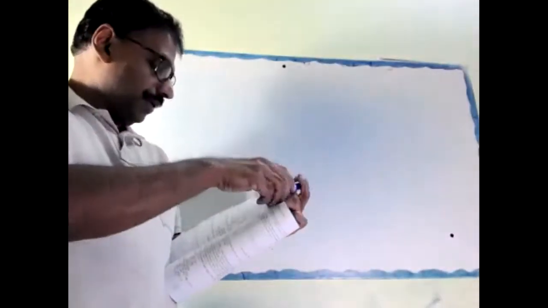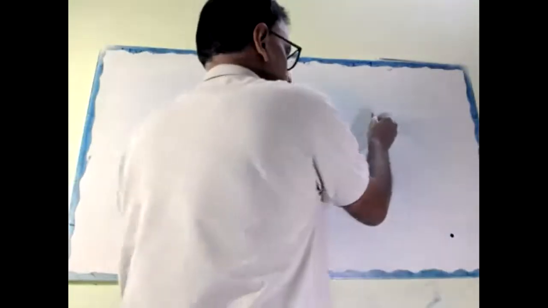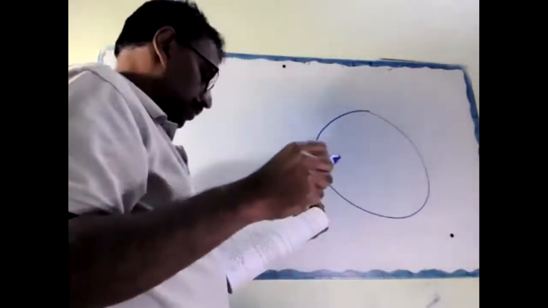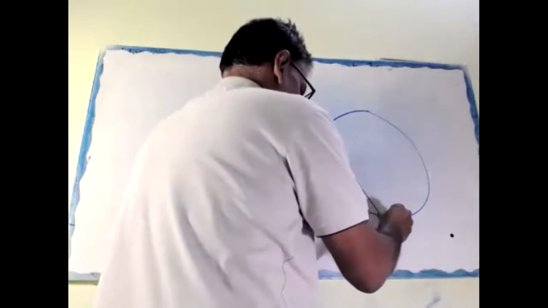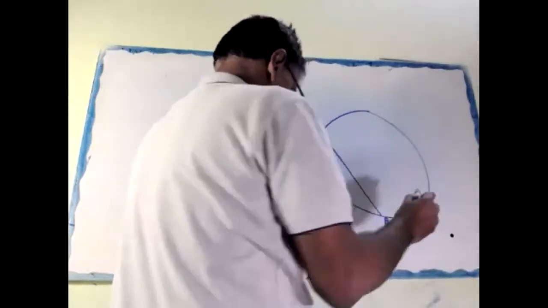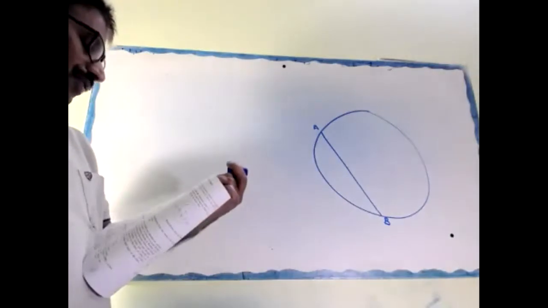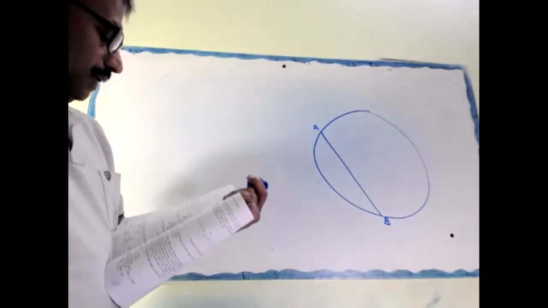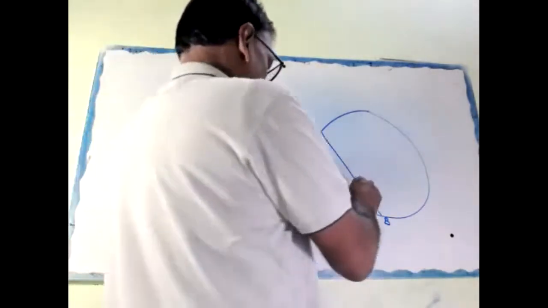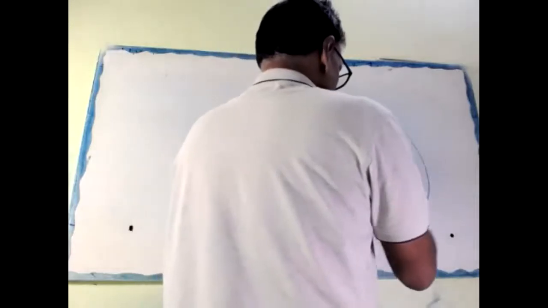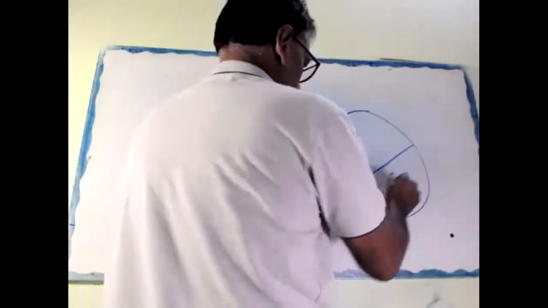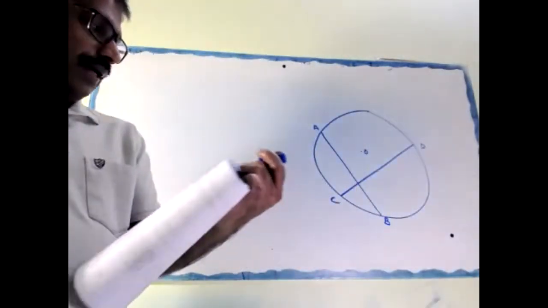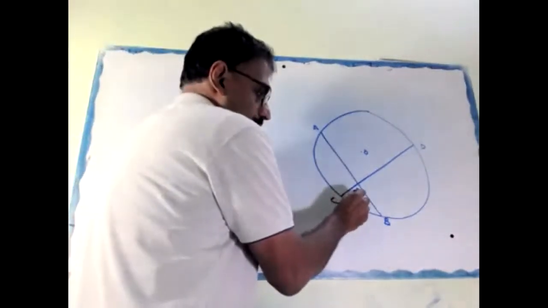Two equal chords. If two equal chords of a circle intersect within the circle, prove that the segments of one chord are equal to the corresponding segments of the other. Look here, Sairam.